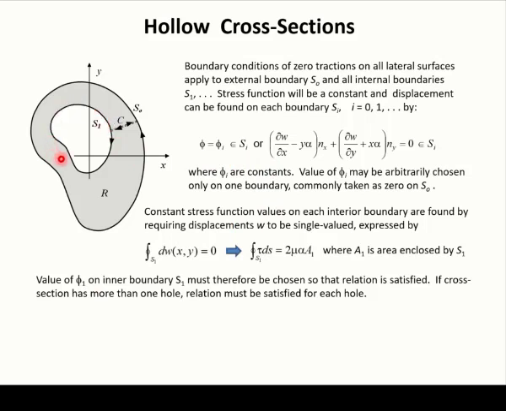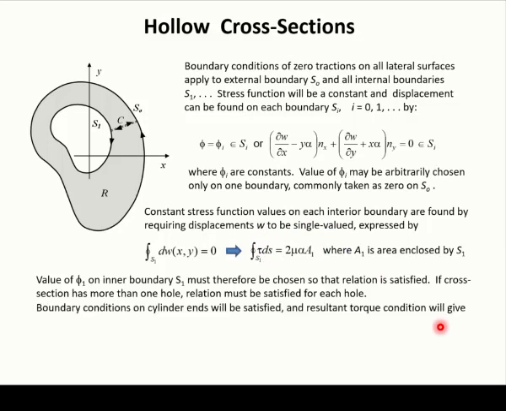When it's constant, it can result in this relationship. And if we can satisfy the boundary conditions, then we can find that our result, the torque, will be given by this equation. So this is what we got before.